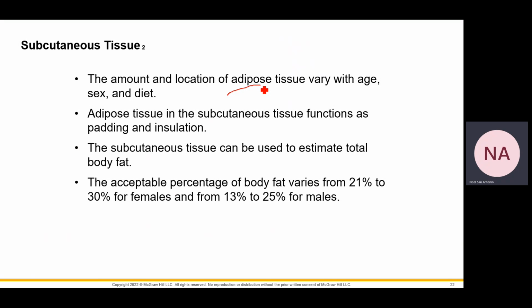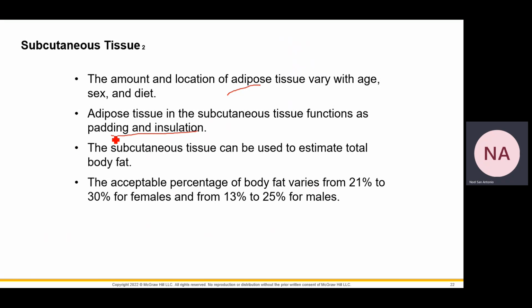No? Aside from providing the shape, no, of the body, adipose tissues in the subcutaneous functions are padding, no, and insulation of the body. And it is also used to estimate our total body fat. No? Ginagamit yan. Okay?